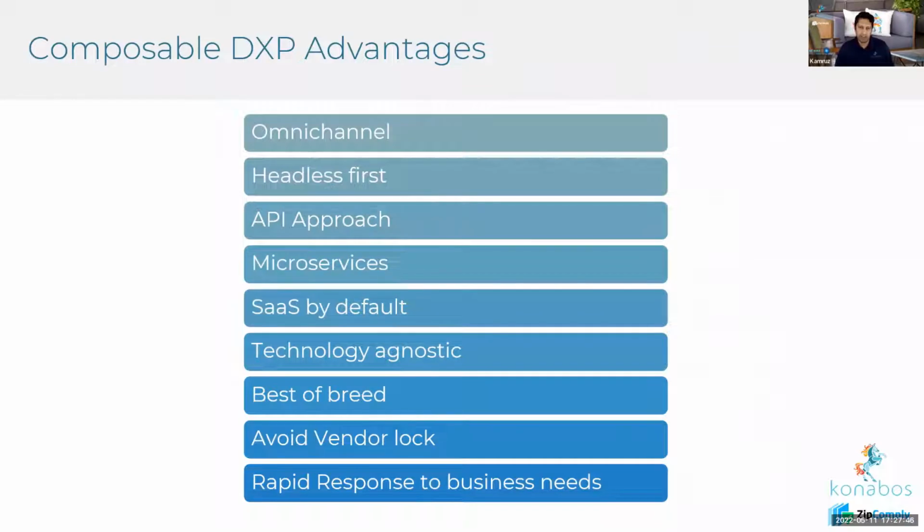So what are the benefits of having a true composable DXP system? We are usually targeting omnichannel, so it's not just the web. It'd be web, mobile, other systems which need data. Could be a TV, it could be a fridge.